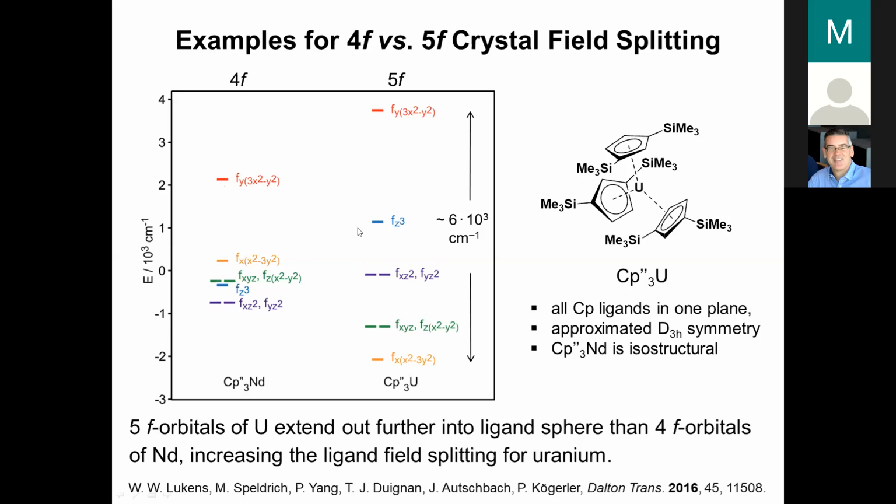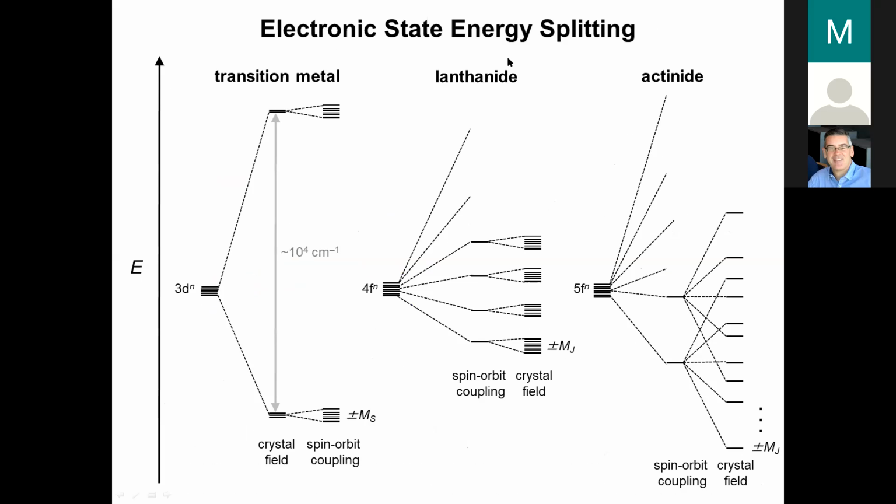So if we plug that information back into the master plot you started generating last week in the lanthanide lecture, we can remind ourselves that for transition metals, the crystal field splitting is the predominant factor to separate energetic states, and that spin orbit coupling only plays a very minor role.